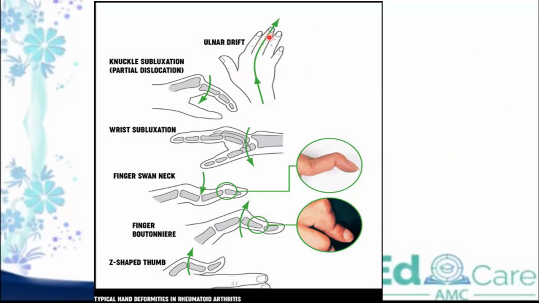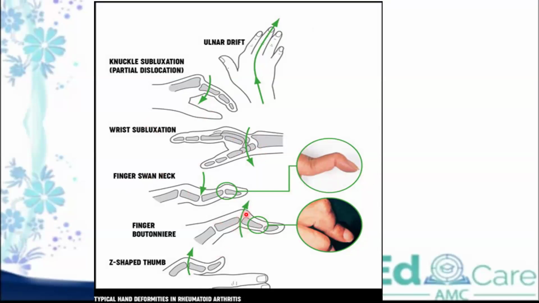So ulnar drift, subluxation, which is a partial dislocation, right? So it slips beyond its joint slightly. Then you can get wrist subluxations. Then this is the swan neck deformity, and Boutonniere deformity, right?